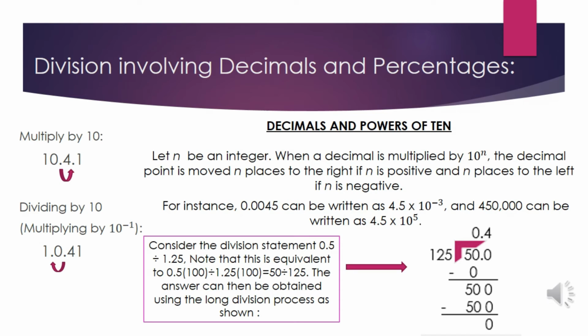Division involving decimals and percentages requires an exploration of the relationship between multiplying a decimal or a percentage by a power of 10 and the position of the decimal point. Recall that in a decimal, every place has a value 10 times that of the place directly to the right of it.